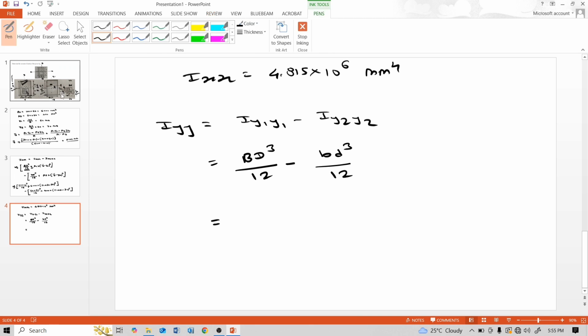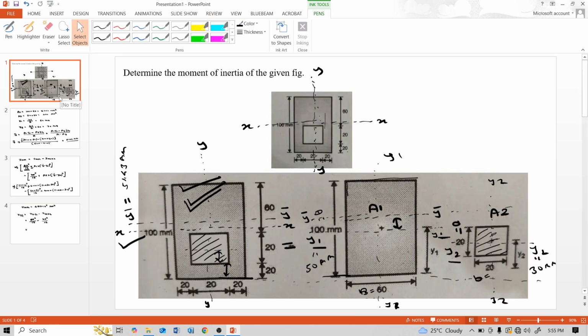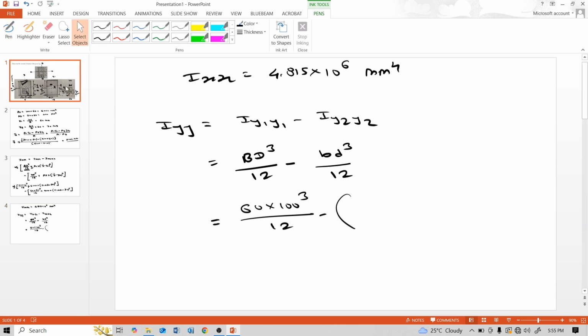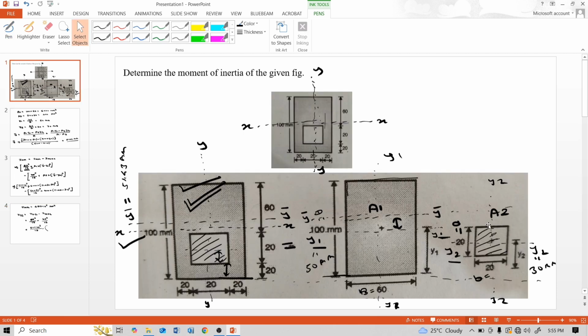BD cube by 12. B is 60 into 100 cube by 12, minus the square's moment of inertia, which is a raised to 4 by 12.